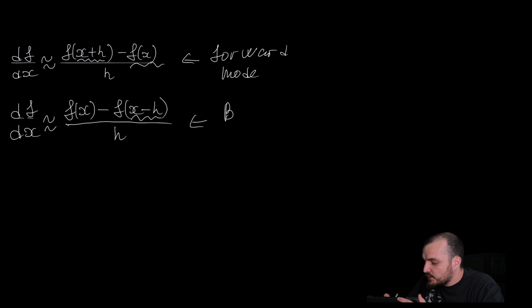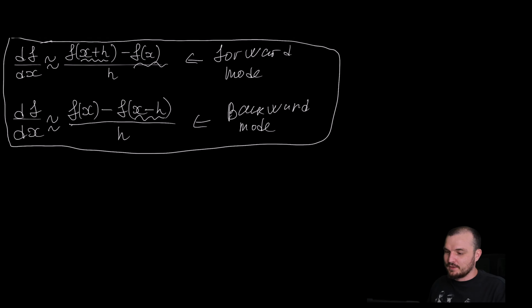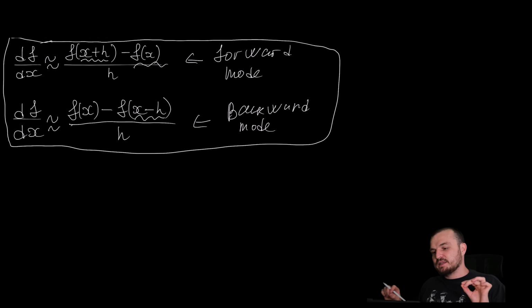And it's called the backward mode. And the last method is the average between these two.